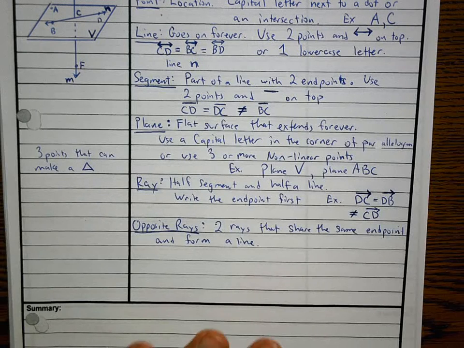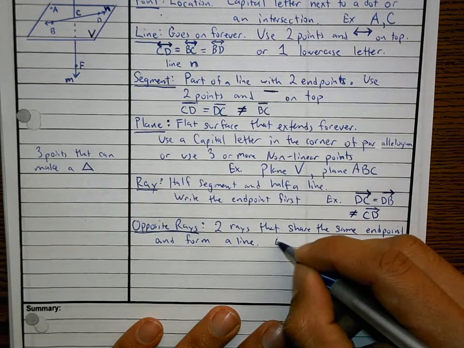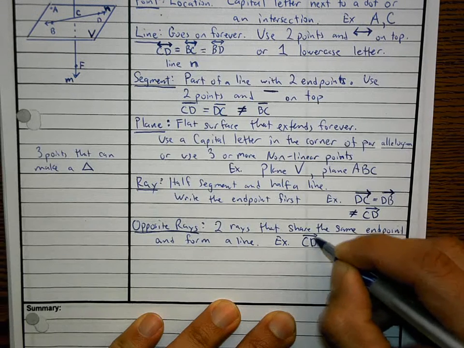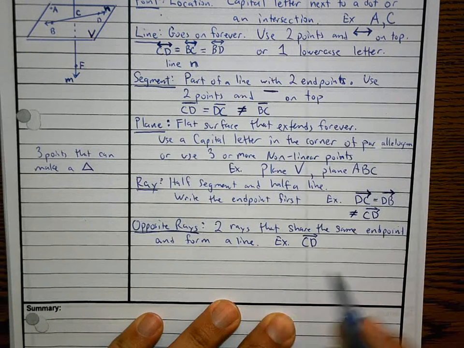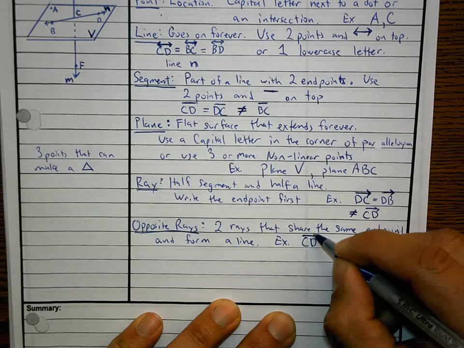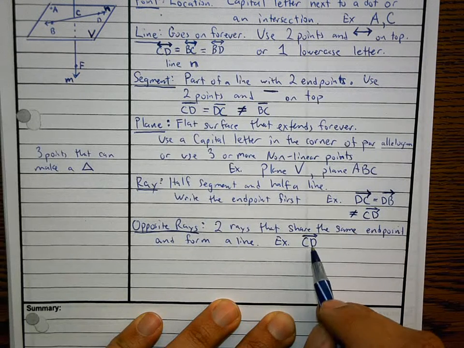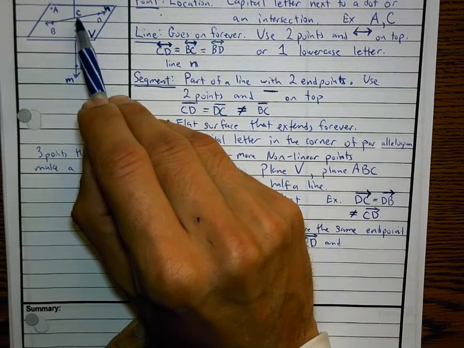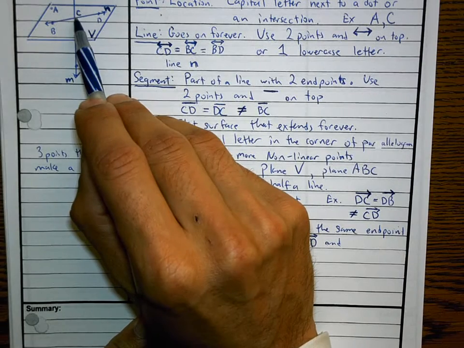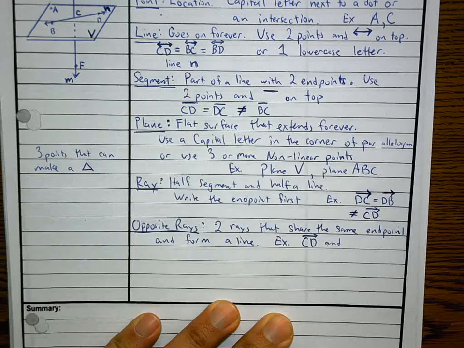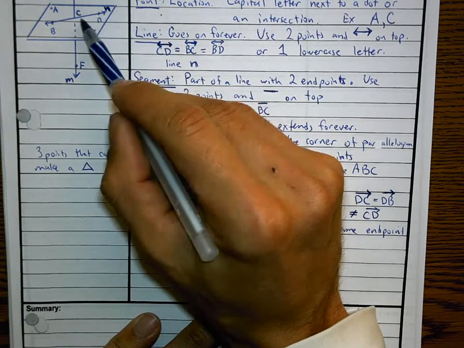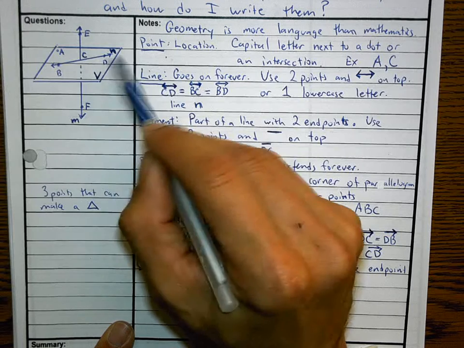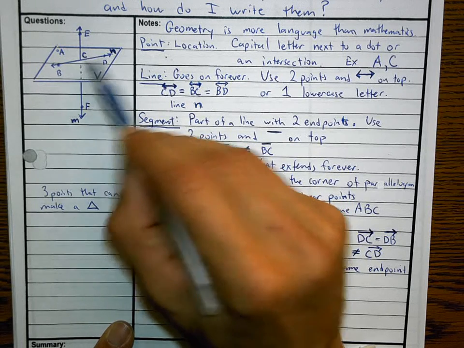For example, ray CD. Notice I'm writing ray CD, the endpoint first, C, then D. Looking at my picture, they have to have the same endpoint and go in opposite directions and form a line. The opposite ray of CD, as I'm looking at this, going that way, the opposite ray going in the complete opposite direction is this one.